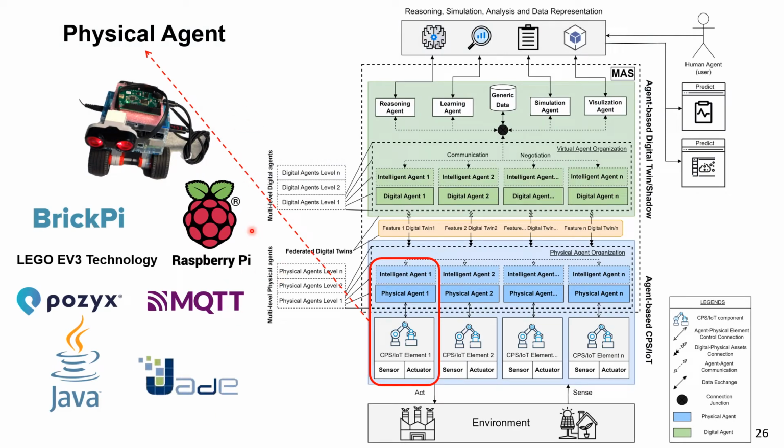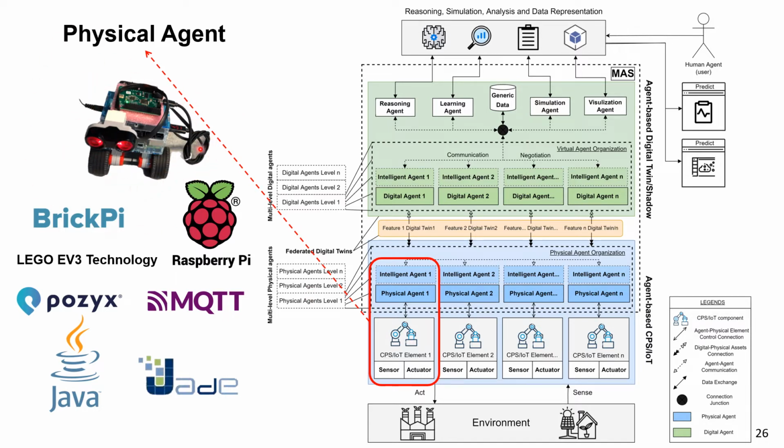To explain the physical agent more concretely, here, as you can see, we have this part which represents the cyber-physical system and the agent, or the physical agent, represented in this robot.